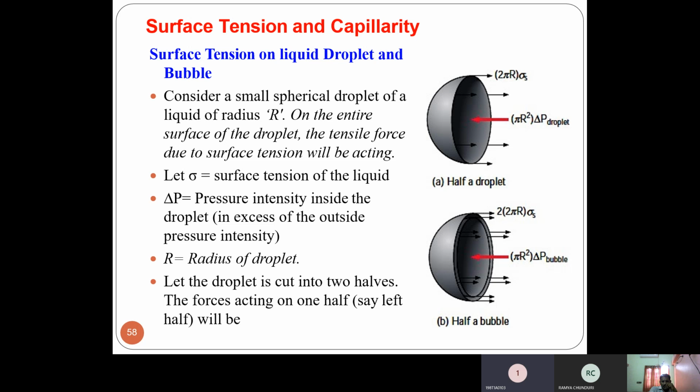Okay, because the outside intensity of pressure is different, there is a pressure differential. Pressure will act from higher level to lower level. Understand? And R is the radius of the droplet. Let the droplet be cut into two halves. The forces acting on one half will be, let's see in the next slide.